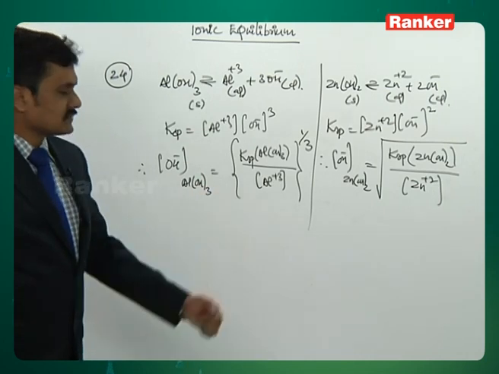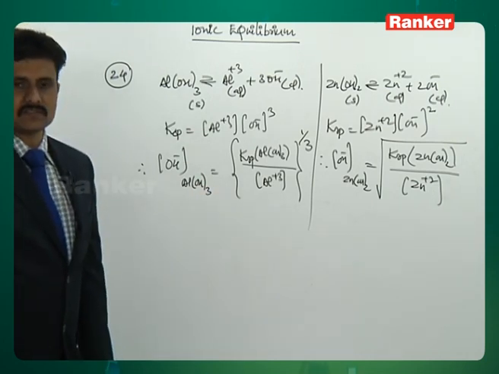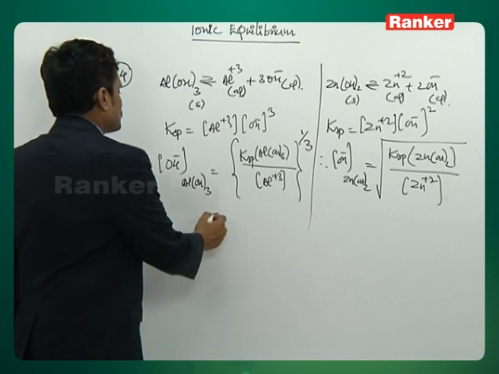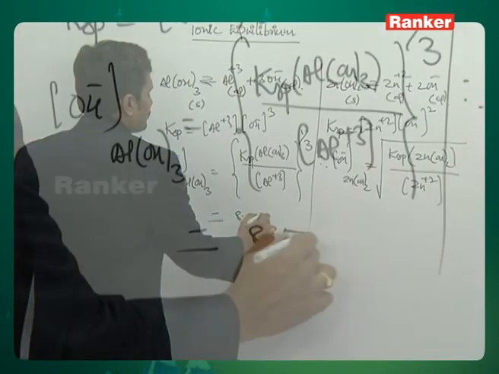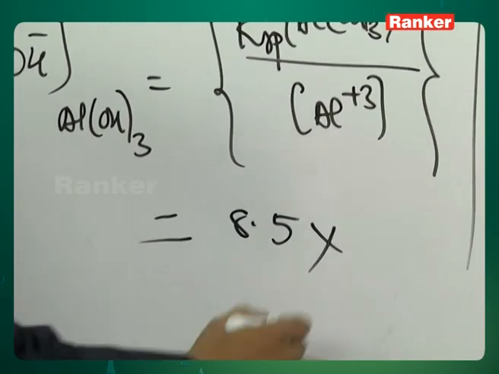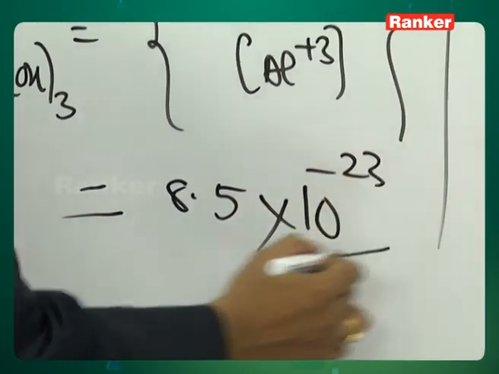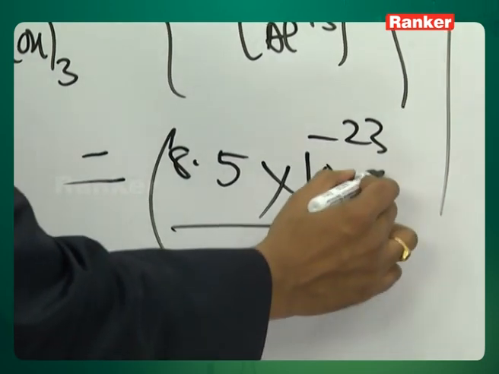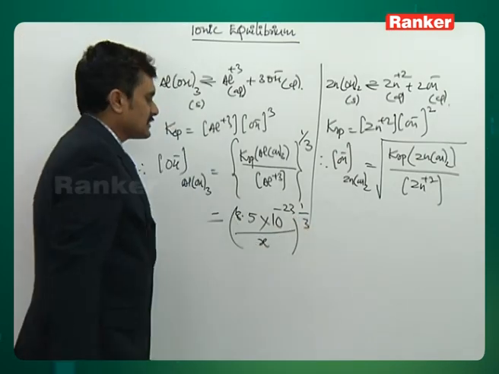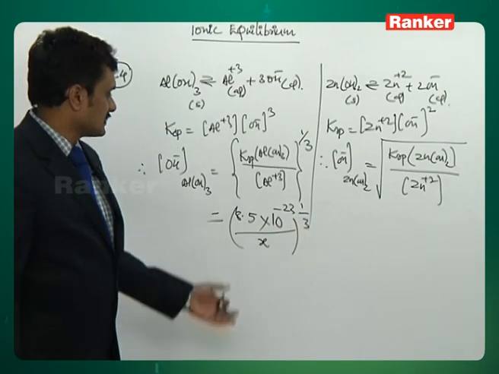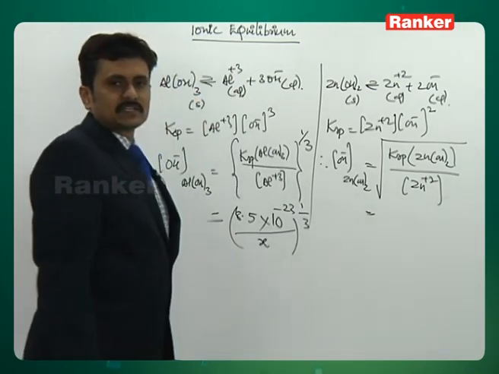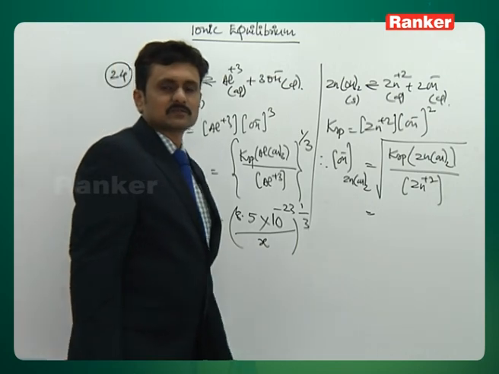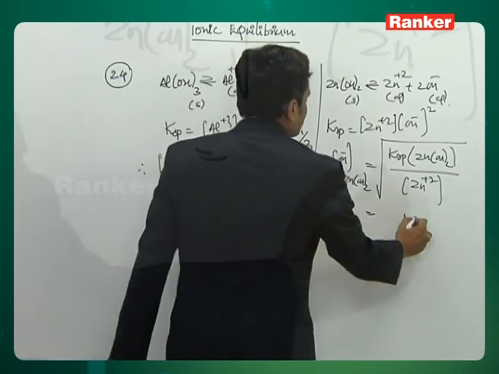Now it is also given that the concentrations of Al plus 3 and Zn plus 2 are the same. So when I substitute here the Ksp value given as 8.5 into 10 to the power minus 23 upon, let's assume that the concentration of Al plus 3 which is present in the solution is some x, and now we have the Ksp of this zinc hydroxide as well, 1.8 into 10 to the power minus 4.